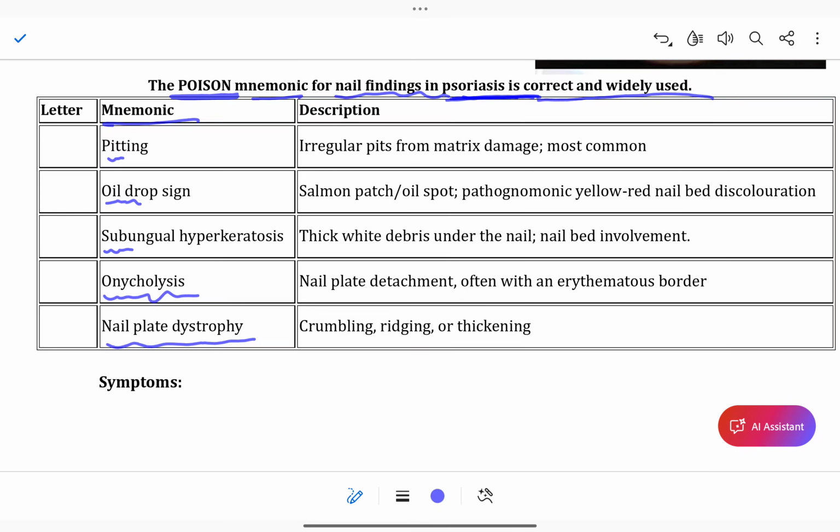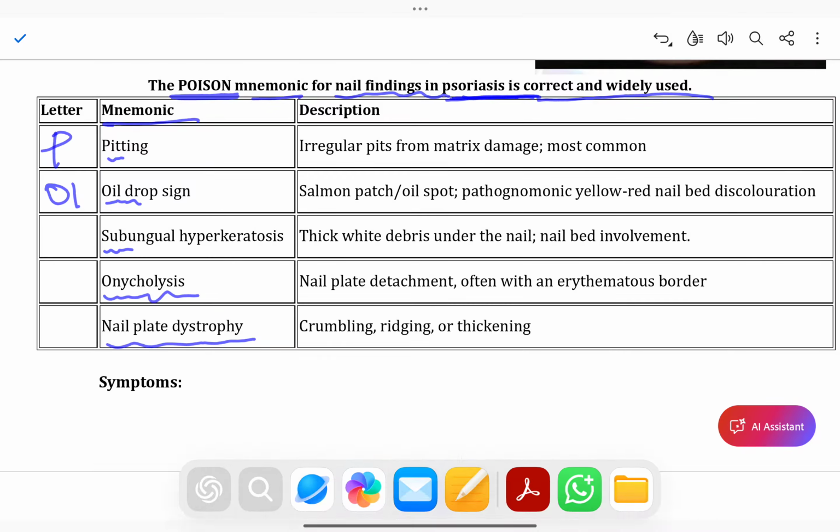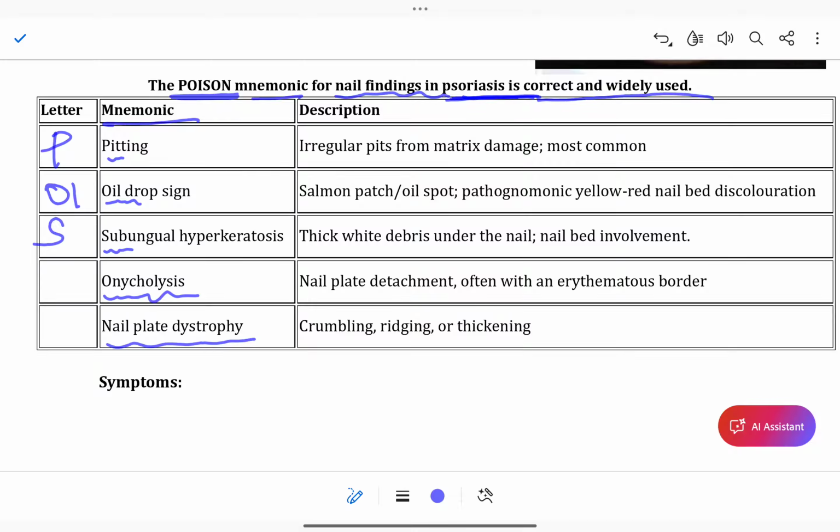So remember the first letters: P, O, I, subungual hyperkeratosis, onycholysis, and N.